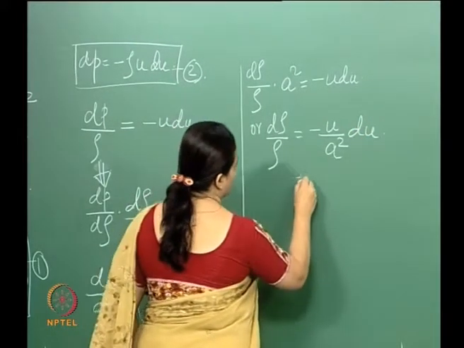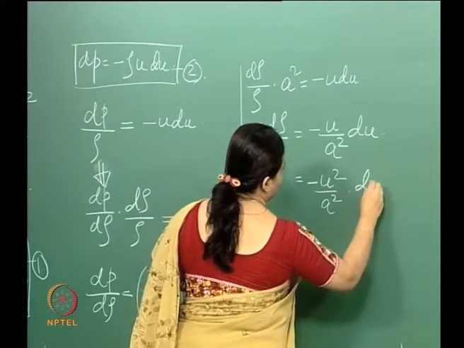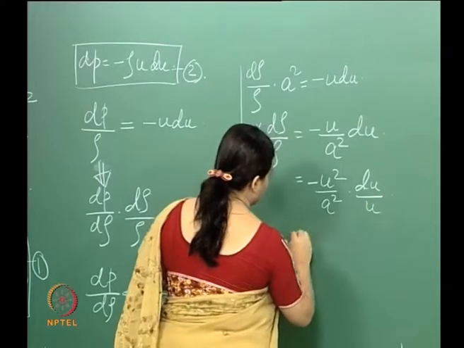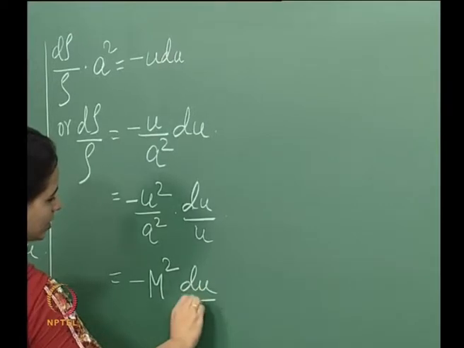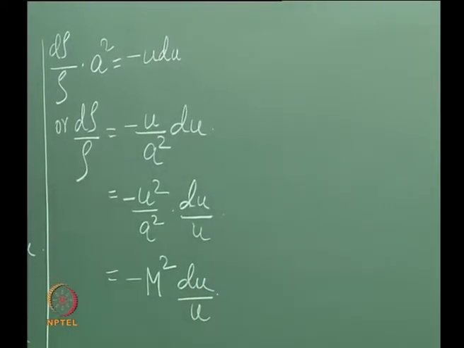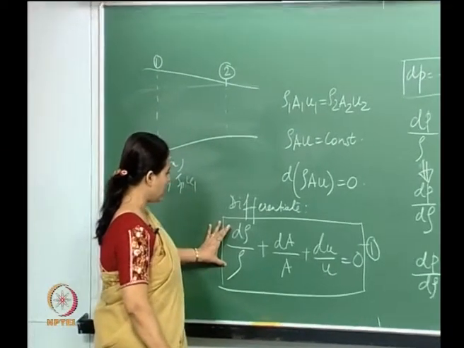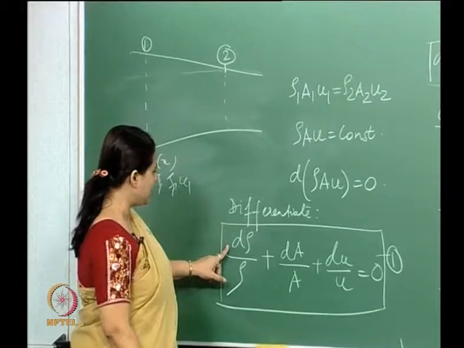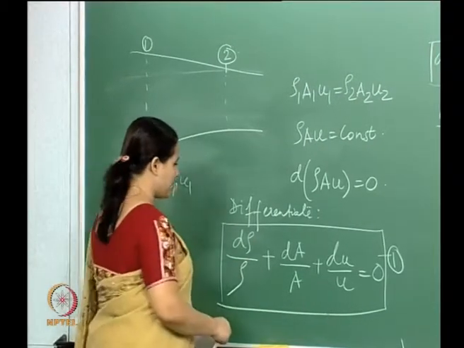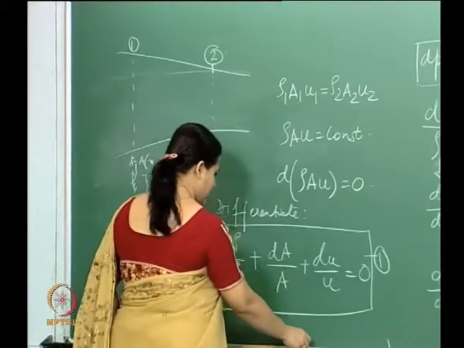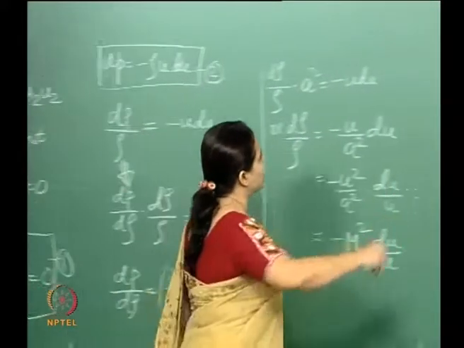Again, this we can write as minus u squared by a squared into du by u. So you can see we can write this as M squared du by u. Okay, so what we can do now is, coming back to equation 1 here, we can write this d rho by rho in terms of Mach number. So let us rewrite this. This is the equation we have.